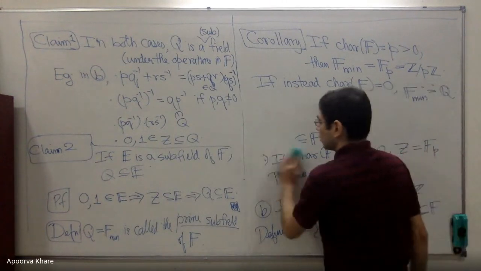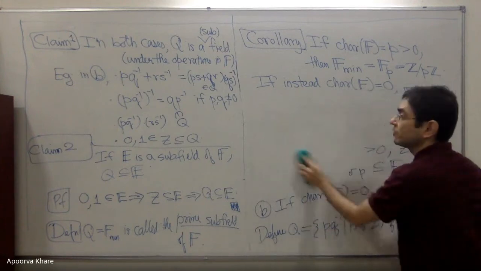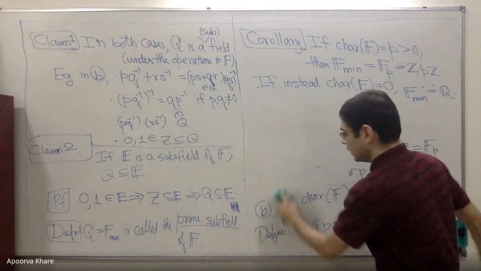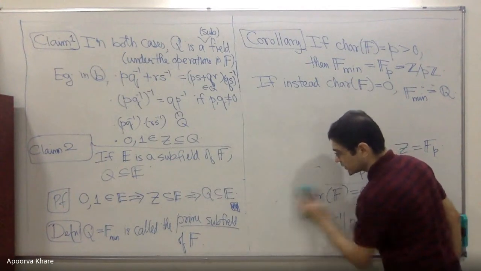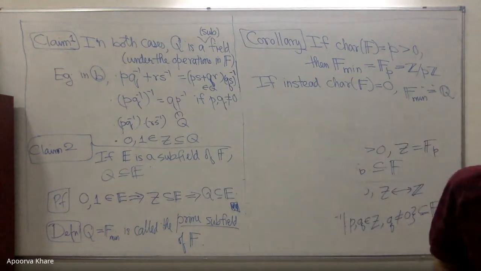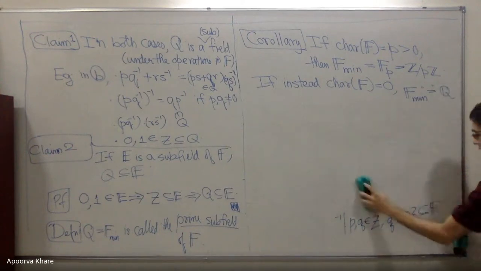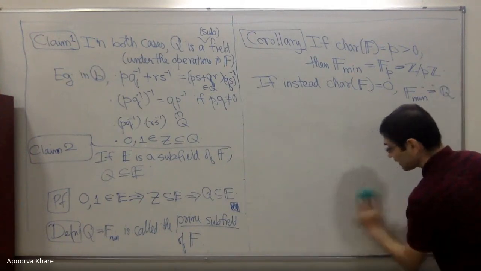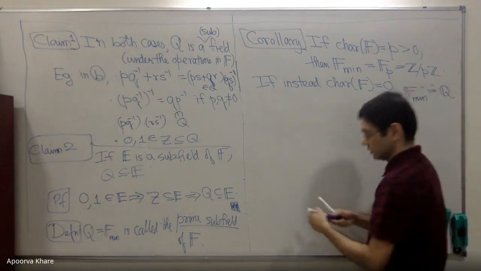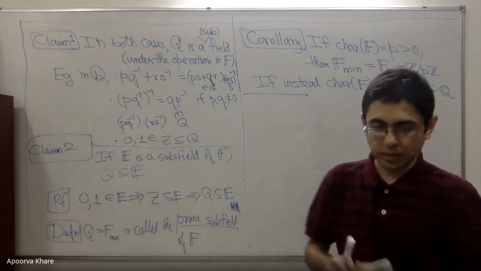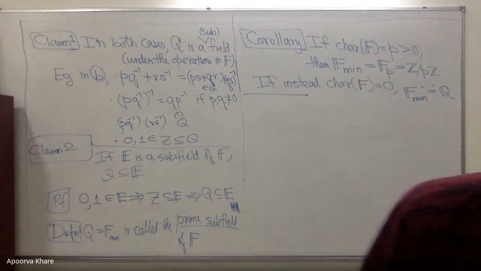The next, so here is an example of a field that can contain a smaller field, the field Q, right? Well, so now let me come to examples of vector spaces, I think. Maybe this is a nice time to switch colors.